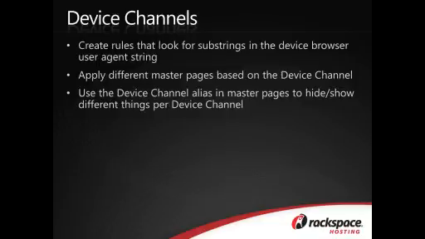So in 2013, they've added this concept of device channels. The way device channels work is you create a substring. Let's say you wanted to target an iPhone. What you need to do is look at what the browser ID is for that device.